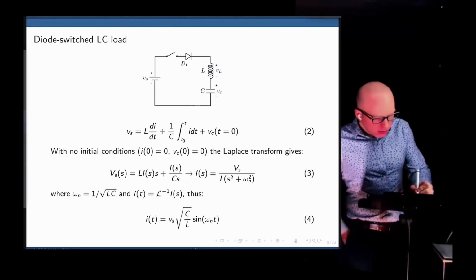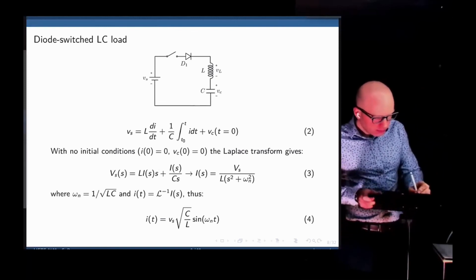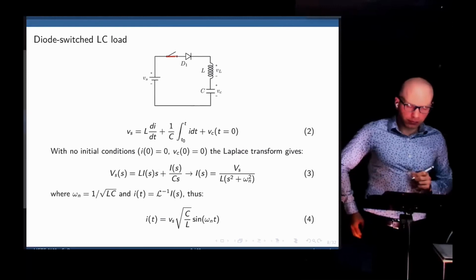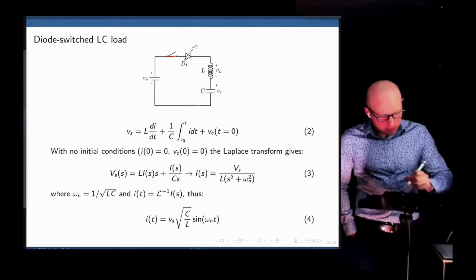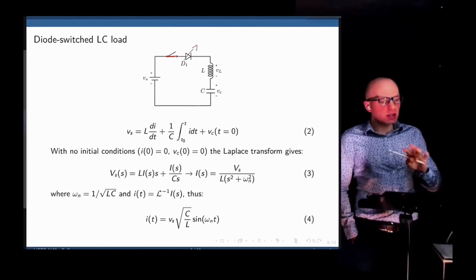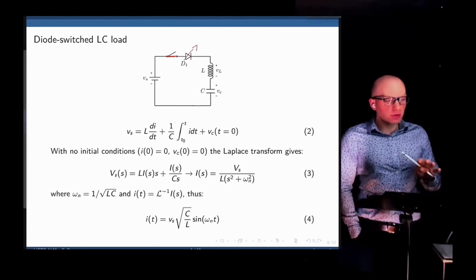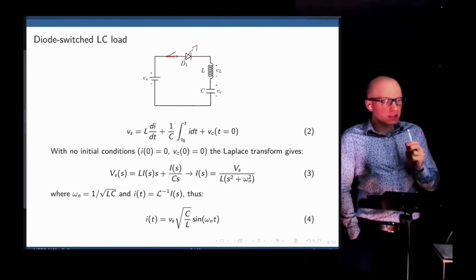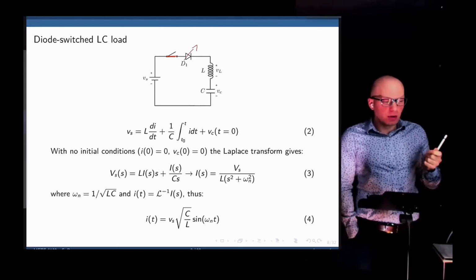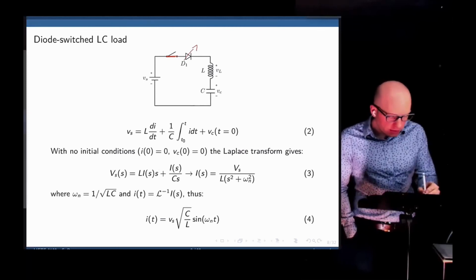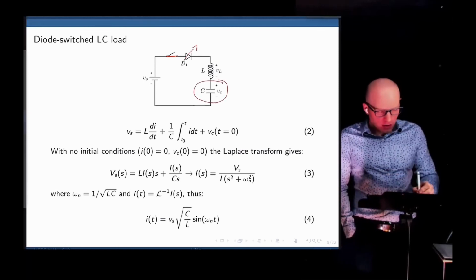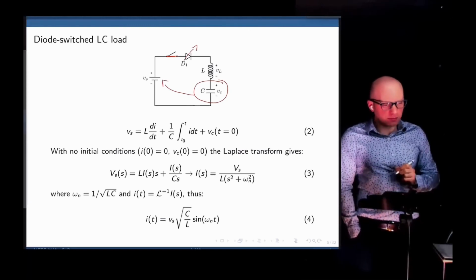Well, let's put it this way. If you close the circuit, and the diode is not there, we have two elements. There is no element dissipating energy, so the current cannot go to zero. The confusion may come from the fact that here we have a capacitor and here we have a DC voltage.